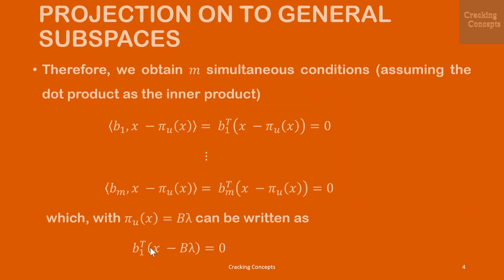Thus, we'll obtain m simultaneous conditions where we are assuming the dot product as the inner product as given here.